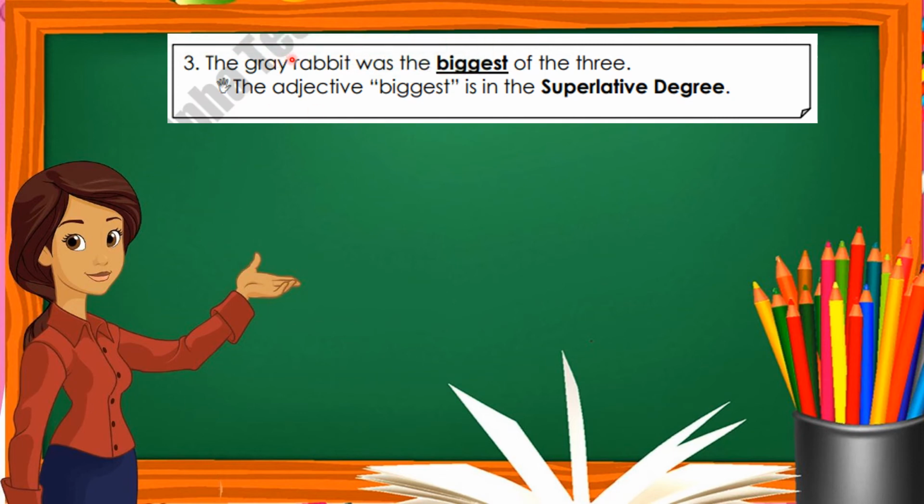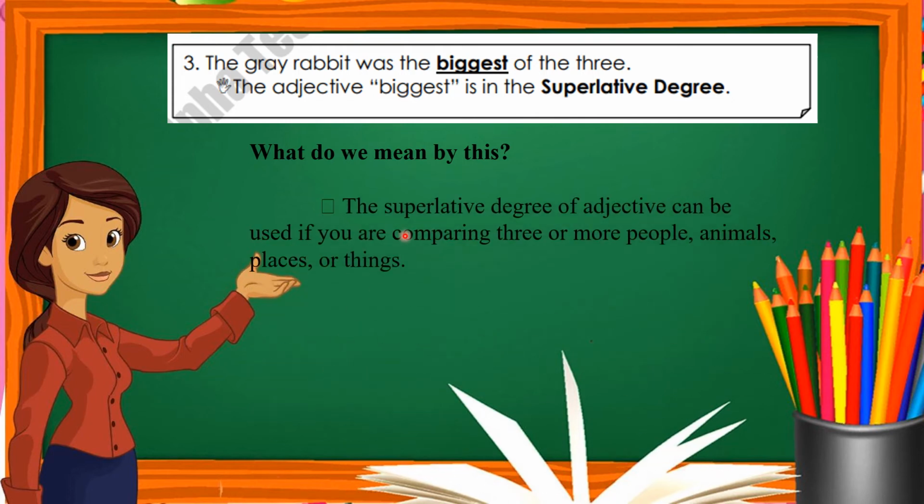The third one. The gray rabbit was the biggest of the 3. The adjective biggest is in superlative degree. Why? Biggest. What do you mean by superlative degree? Here, the superlative degree of adjective can be used if you are comparing 3 or more people, animals, places, or things.